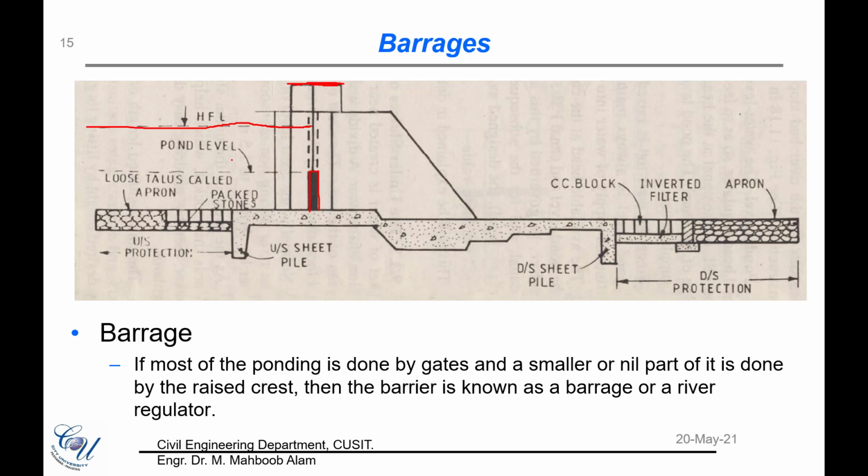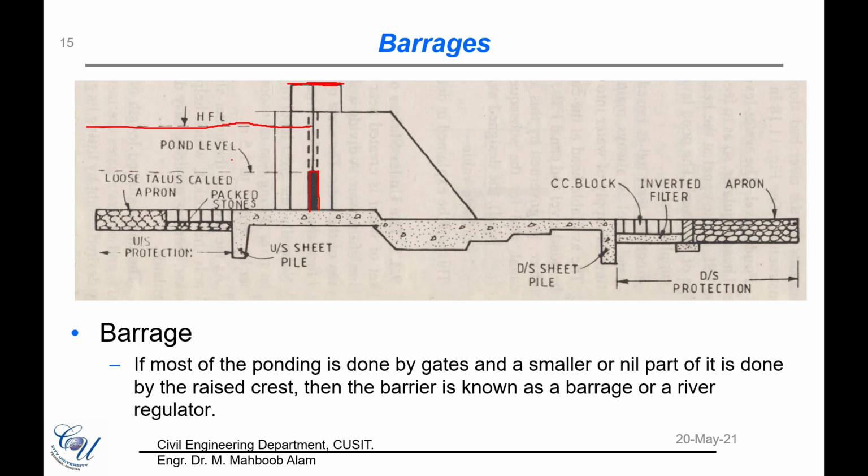There wouldn't be any kind of control once the water level exceeds the crest level. In case of barrages, we have that option where we can store water even above the crest level, because the gates can give us that flexibility.